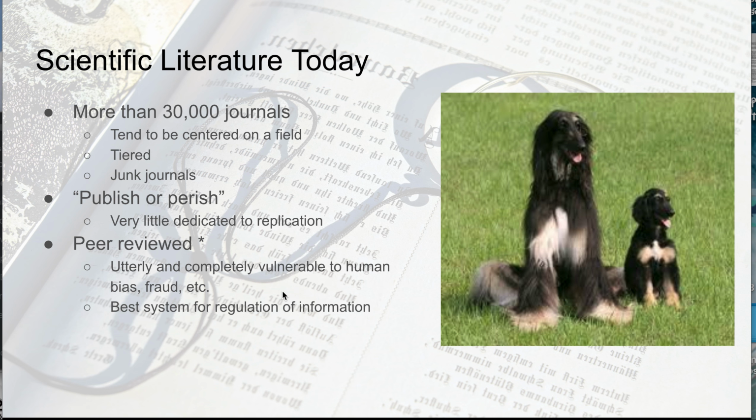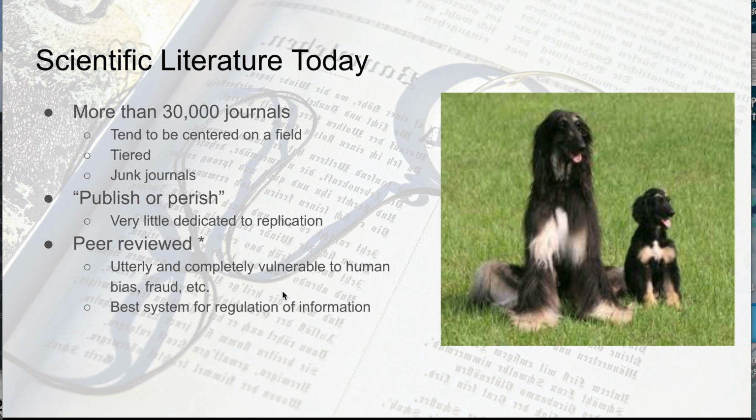You're going to watch another video about that because peer review is the best system we have. Peer review is responsible for all of the modern discoveries in science, everything from medications to technology and so on. But it is a flawed system. It is not perfect. It is subject to human bias and fraud because it's run by people.